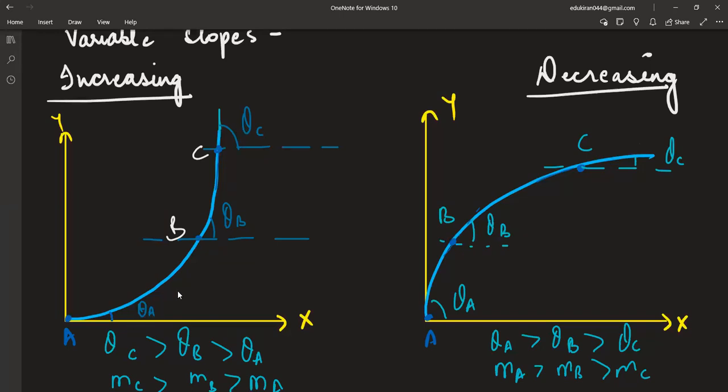Slowly increasing. So this is an increasing slope. Theta C is greater than theta B, which is greater than theta A. It means slope of C is greater than slope of B, which is greater than slope of A.